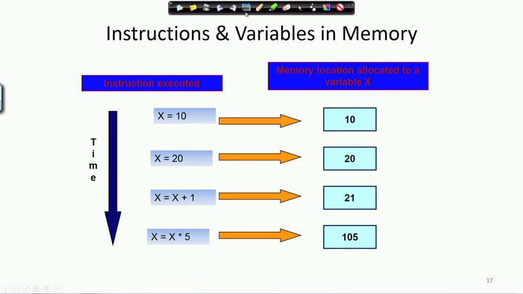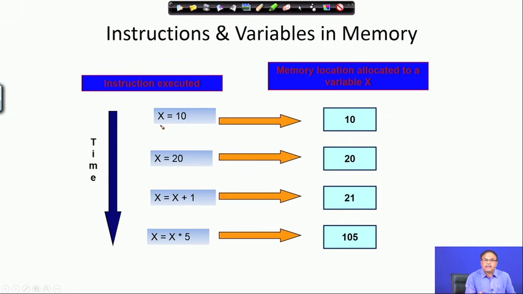Now you will understand, as I assign 10 to x, this is the memory location for x, the same memory location. See how the picture is changing. Here that memory location x is getting the value 10. On this side I am showing the memory location allocated to the variable x. So, 10.